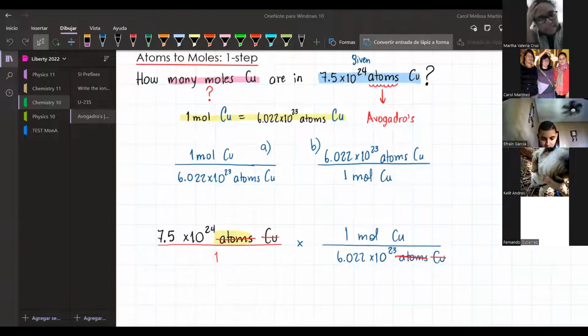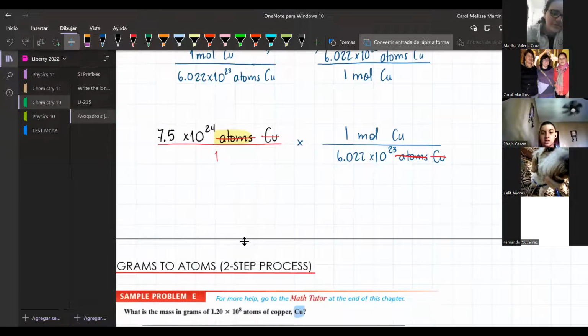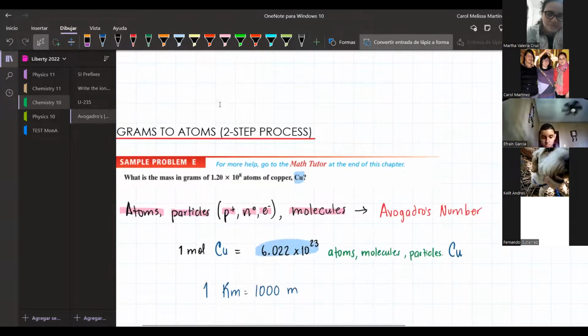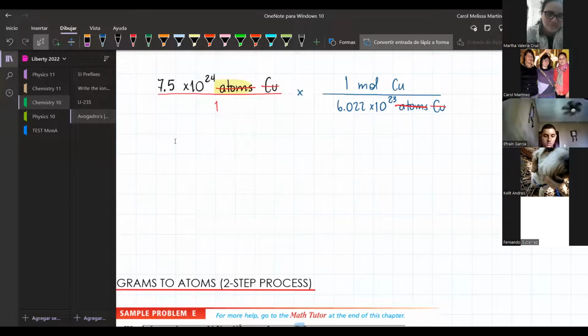Miss, I understand how you get 6.022, but I don't understand. Valeria, that is a conversion factor. It's like the concept of the dozen that I told you. To what number does a dozen represent? If I tell you a dozen of eggs, how many eggs am I talking about?